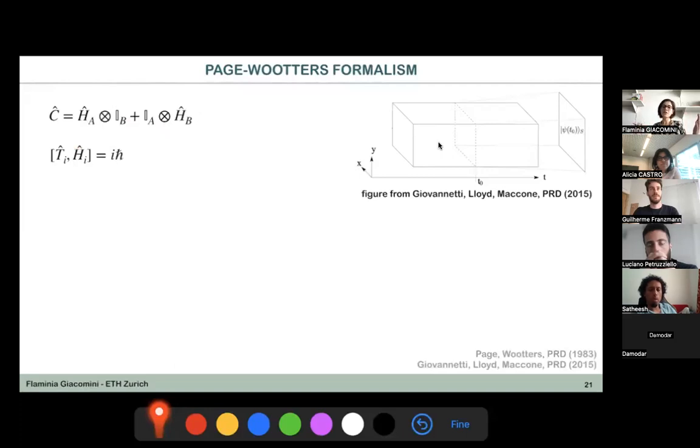But what you can do, in order to give a more operational, more physical flavor to that, is to take an n-level Hamiltonian. So you have n levels that are separated by some energy gap. This leads to a time operator that is not perfect, but still reasonable. And then in the limit n going to infinity, this becomes the continuum Hamiltonian and the time operator canonically conjugated to it.